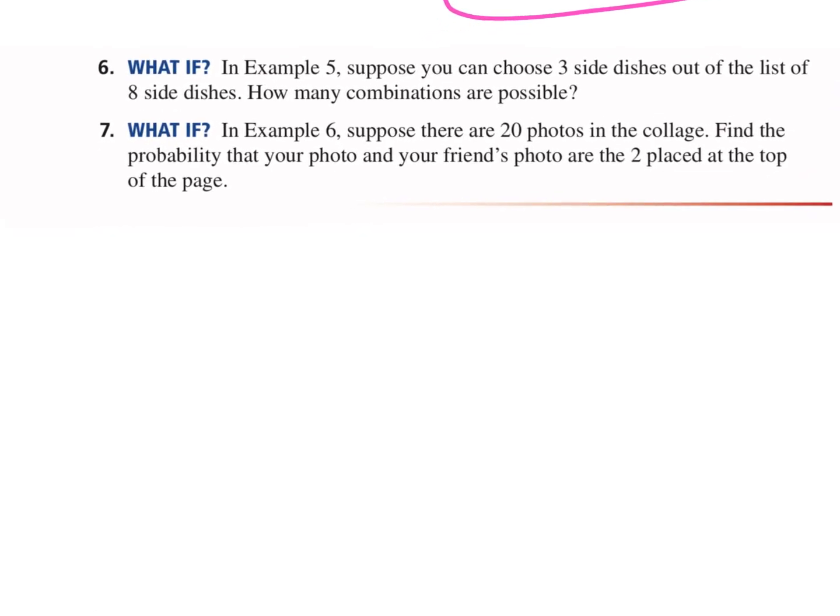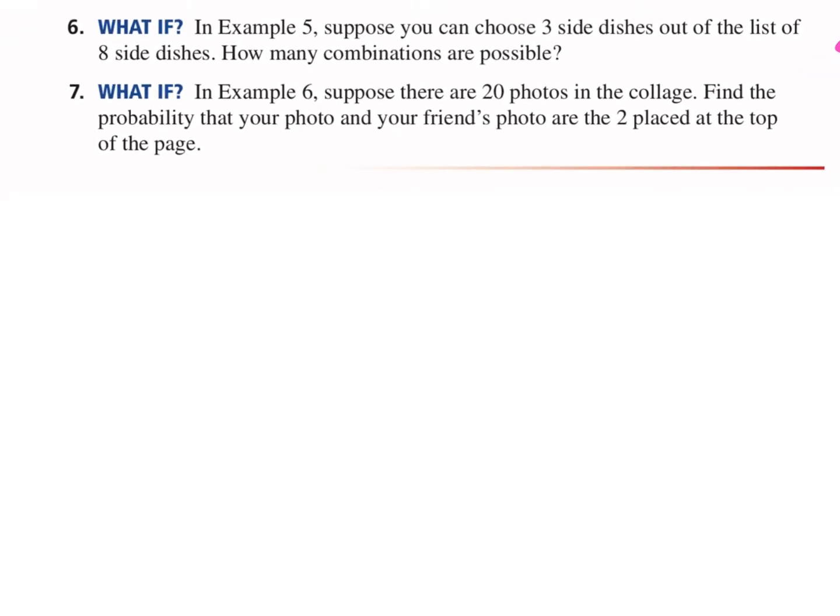All right. In example 6, suppose there are 20 photos in a collage. Find the probability that your photo and your friend's photo are the 2 placed at the top of the page. So how many pictures do we have total? 20. And how many are we choosing? 2. So 20 choose 2.